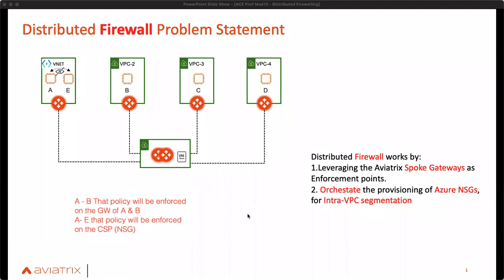So I write a single policy, and the system is intelligent enough to understand: do these workloads live in the same VNet? If they do, then probably I cannot do anything on the gateway. Then I have to program the network security groups. All of this is done automatically for you.